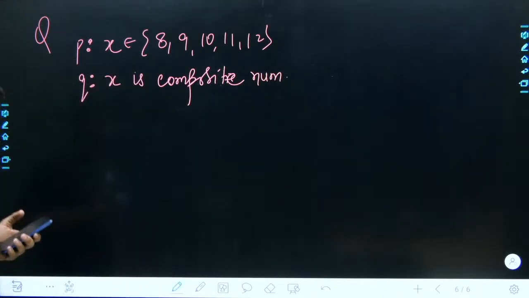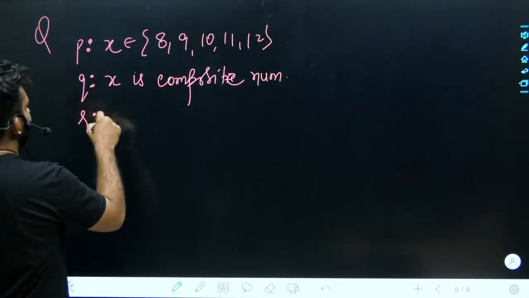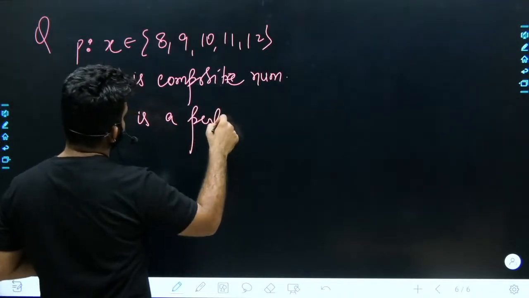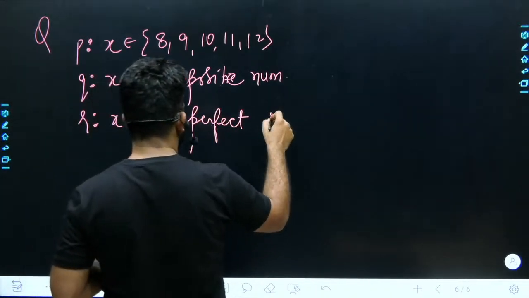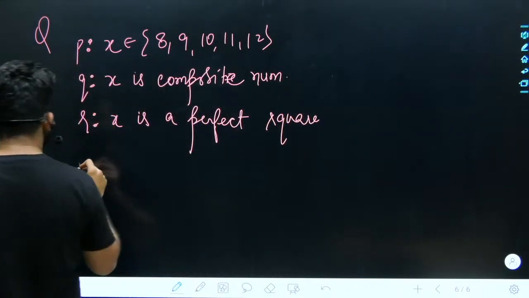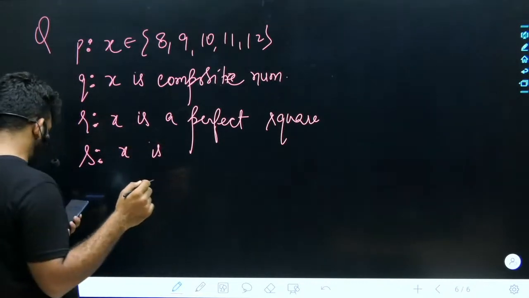R says X is a perfect square. S tells me X is a prime number.